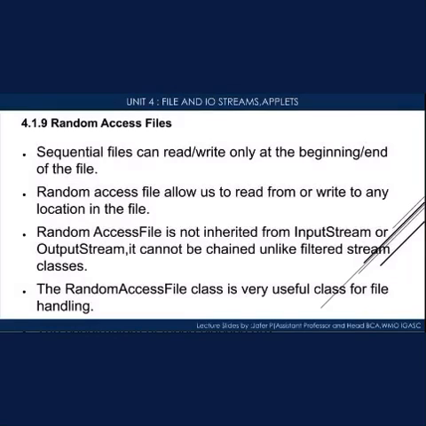Before going to random access file, let us see what a sequential file is. In sequential files, you can read or write only at the beginning or end of the file. You can read from the beginning and you can write at the end. That is called a sequential file.